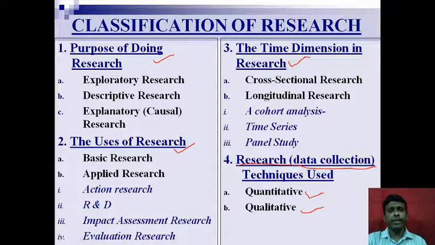Quantitative data are data which can be counted or measured, whereas qualitative data cannot be counted or measured. They have a little bit of judgmental feeling to them. So let's see in detail what these research techniques are.